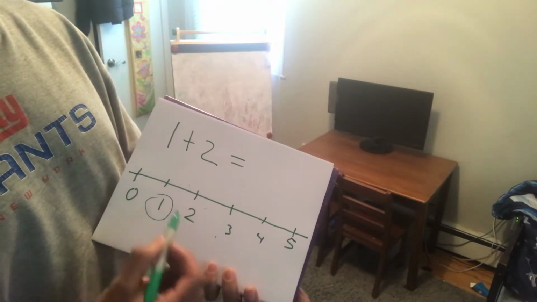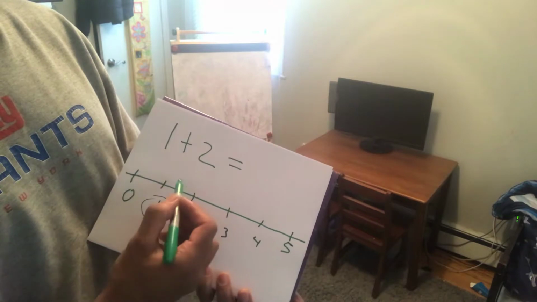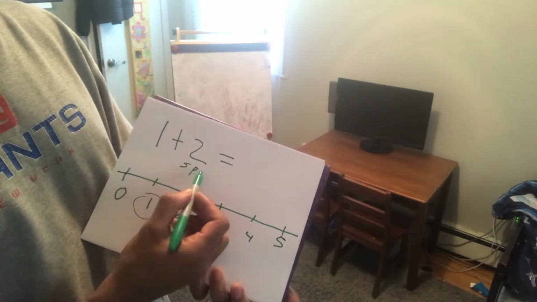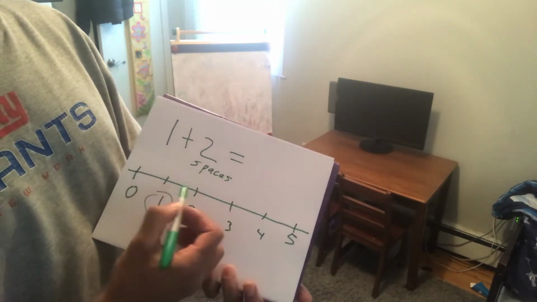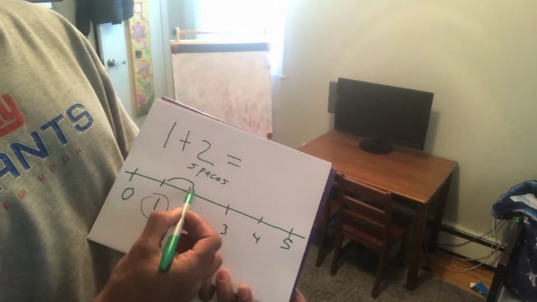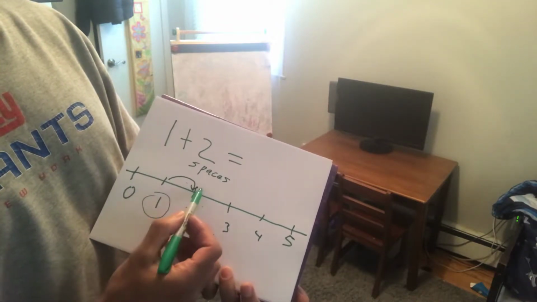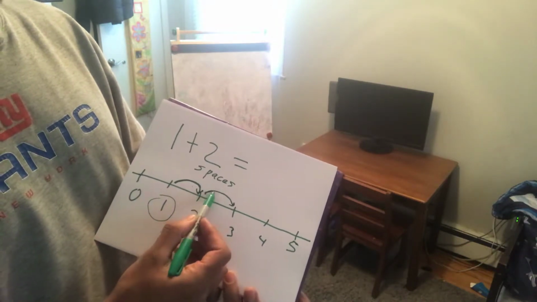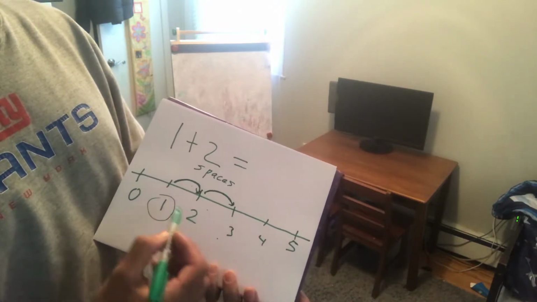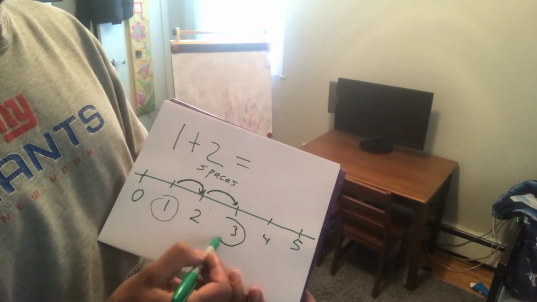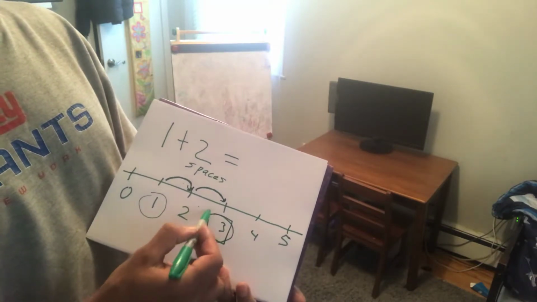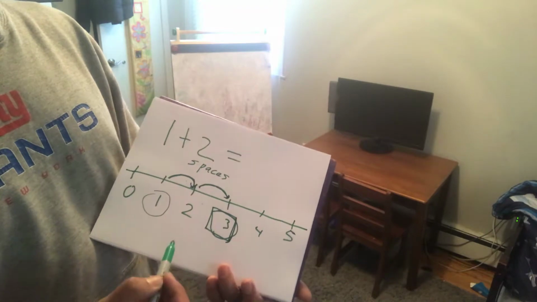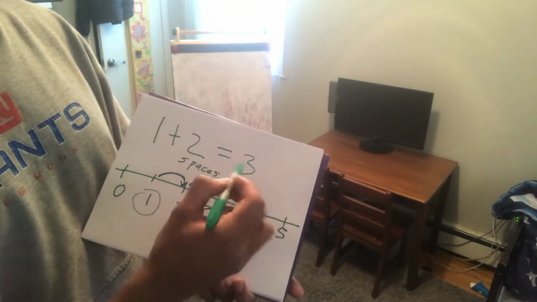So I start right here, and then I go 2 spaces. I go 1 space, and I go 1 more space. And so I land on the 3. So 1 plus 2 is equal to 3.